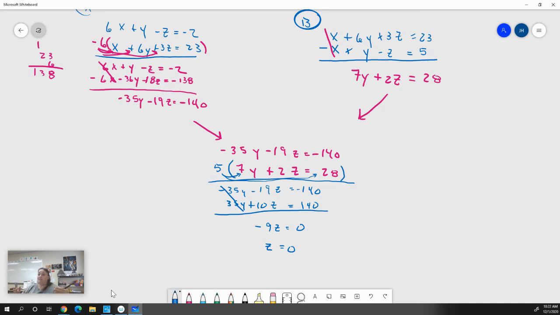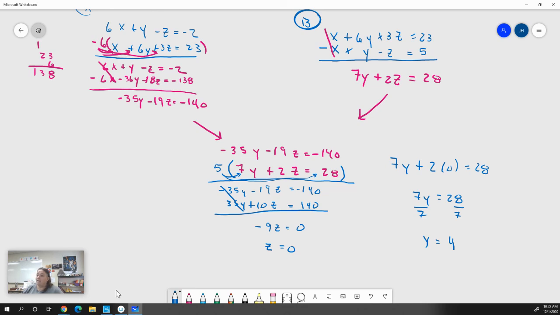Once I know that z equals 0, I can plug it into either one of these two equations. I'm going to go with my 7y plus 2z. What is z? Z is just 0, so plus 2 times 0 equals 28, right? 2 times 0 is 0, so I'm left with 7y equals 28. When I divide that by 7, I get y equals 4.